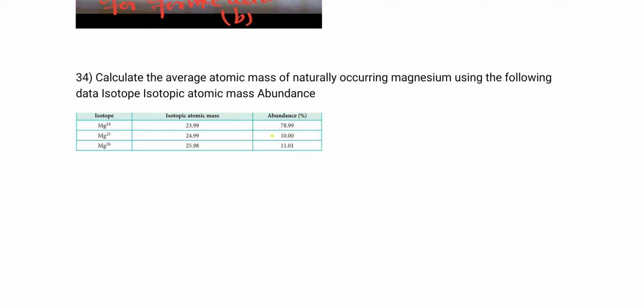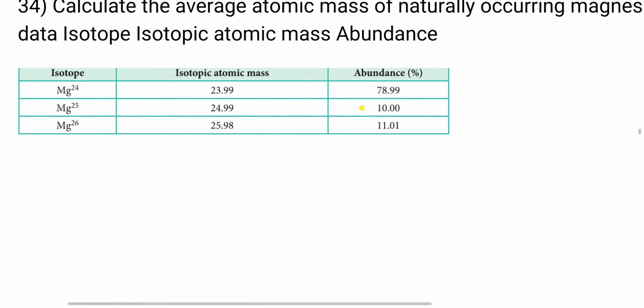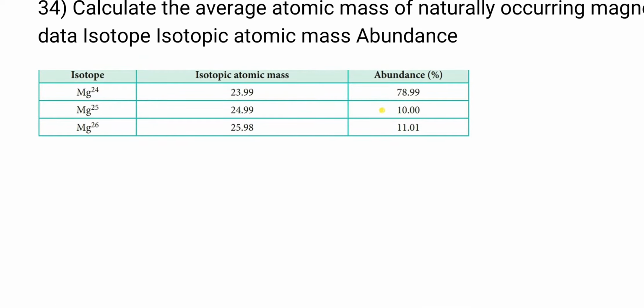Next, 34th question, that is calculate the average atomic mass of naturally occurring magnesium using the following data: isotope, atomic mass and its abundance. Okay, what is the isotopic atomic mass and abundance for this one? That is magnesium 24, isotopic mass வந்து 23.99, அதோட abundance வந்து 78.99.